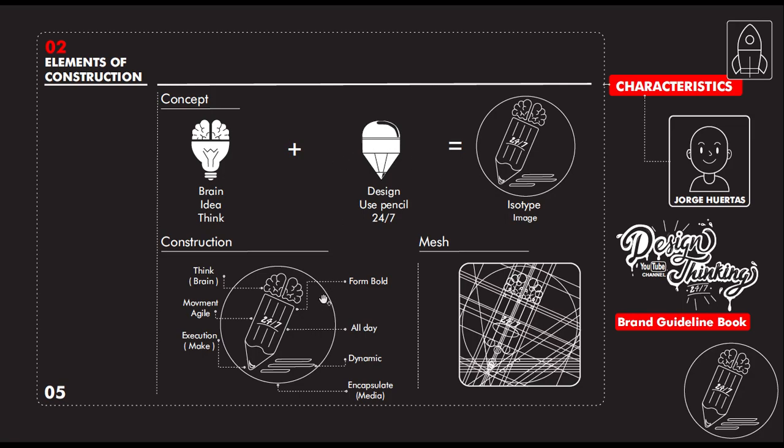The construction, what we want to show with this. So we got the brain, yes, which means that we are thinking. We got this position because it shows movement, and also that it is agile. Also, that it is not just thinking but doing. It means the execution and you are making it happen.